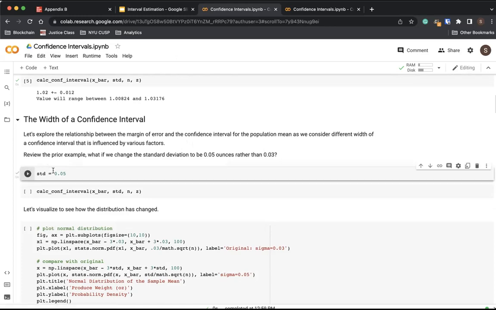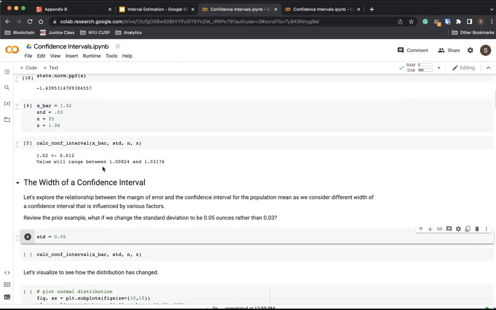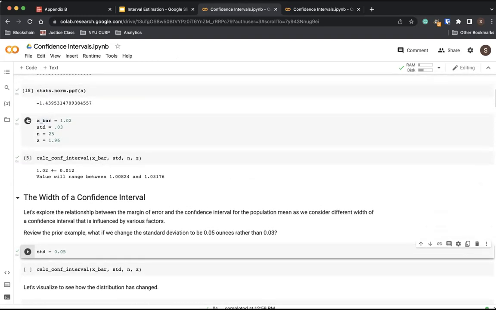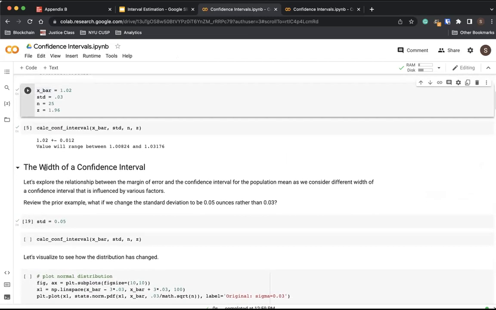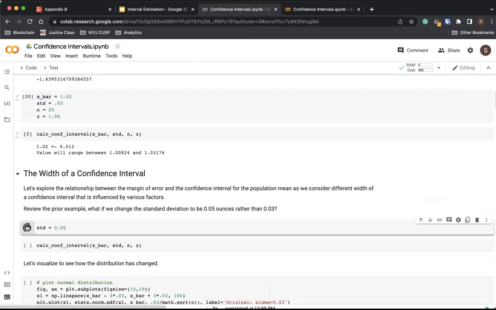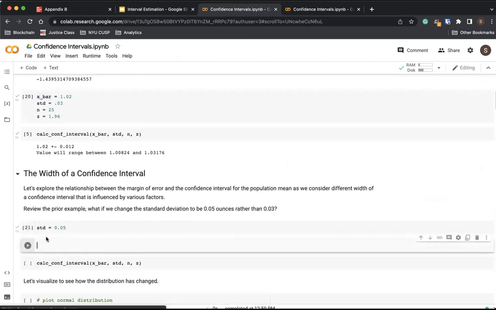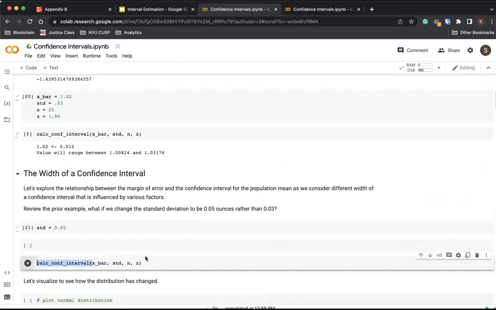So I'm just going to change this input value. And now we can use the same formula we just had there. Let me just make sure I redefine these here. But we didn't change anything except this standard deviation.